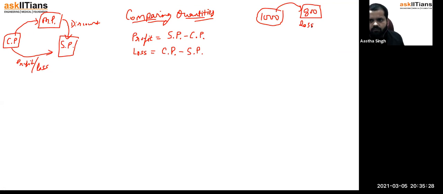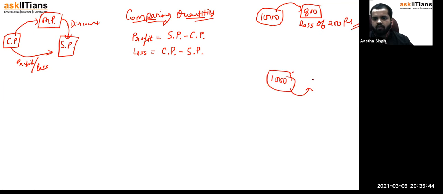And if you have bought it at 1,000 rupees and sold it at, suppose, 1,300 rupees, then you have a profit of 300 rupees. How did 300 come? Just 1,300 minus 1,000, selling price minus cost price.